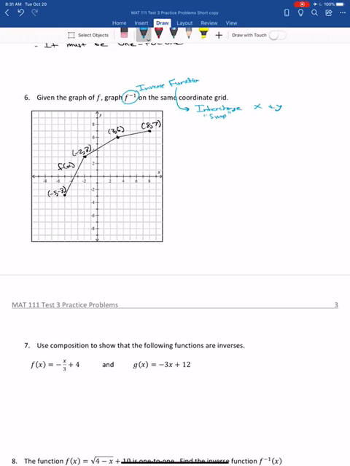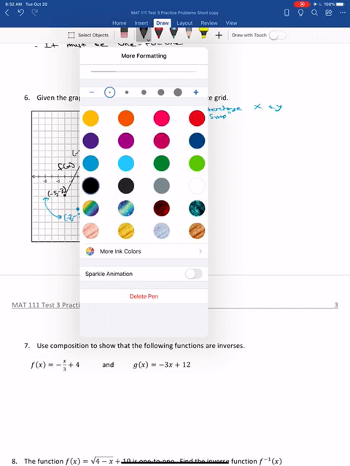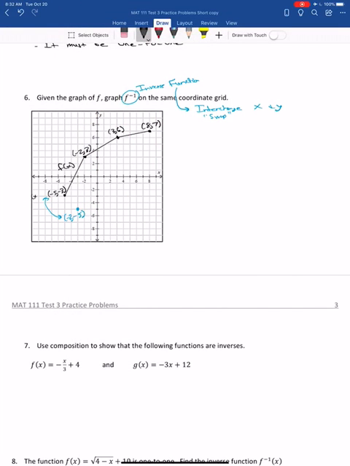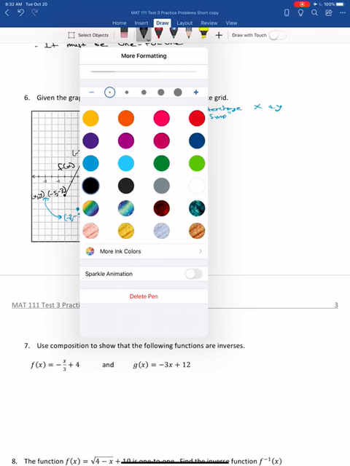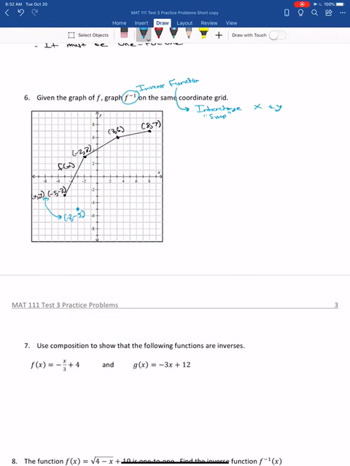So left 3, down 5. I'm going to plot that point. So here, (-3, -5). So there's the inverse relationship. So again, you can see x and y. I'll make that note here. x, y. And then in the inverse relationship, we have y and x.